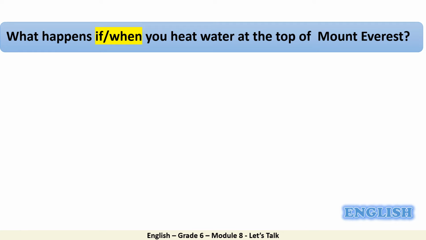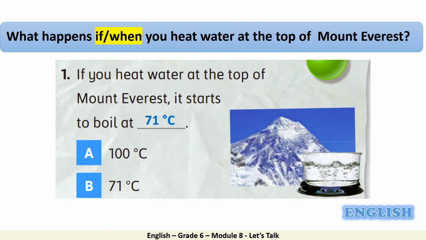What happens if or when you heat water at the top of Mount Everest? Good. If you heat water at the top of Mount Everest, it starts to boil at 71 degrees Celsius. Look here. We have if you heat water. This is an if clause.